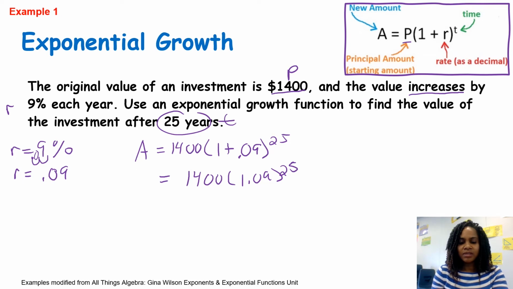And so that gives me 8.62, and it keeps going. So I'm just going to keep that in my calculator, then multiply that by 1,400. And that equals $12,072. And since we're talking about money, I'm rounding it to the nearest hundredth, so that would be 31.